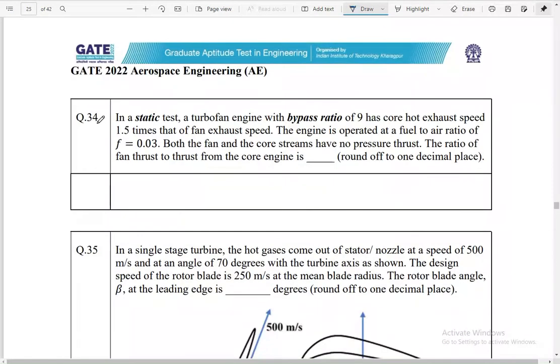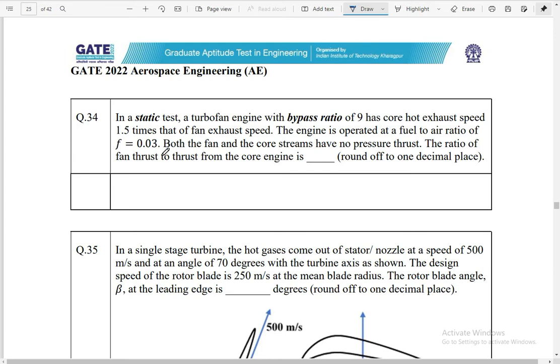In the next question we have a bypass ratio of 9. The hot exhaust speed is given as 1.5 times that of the fan exhaust speed. The engine is operated at a fuel to air ratio of f equal to 0.03.